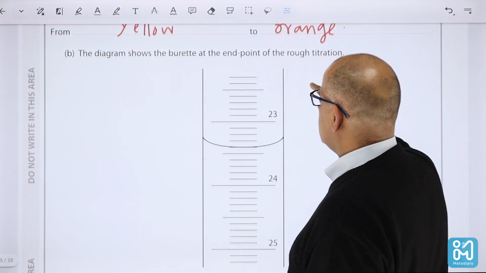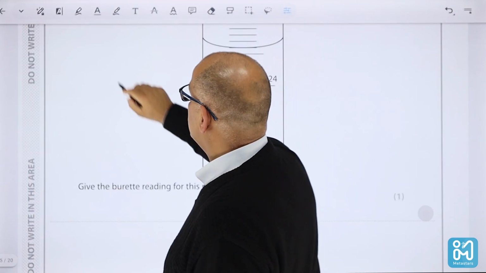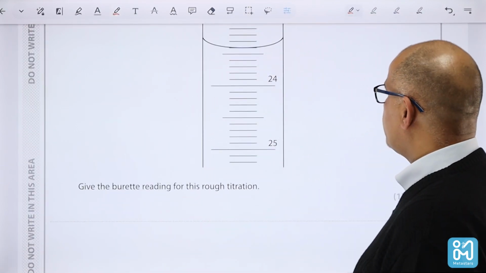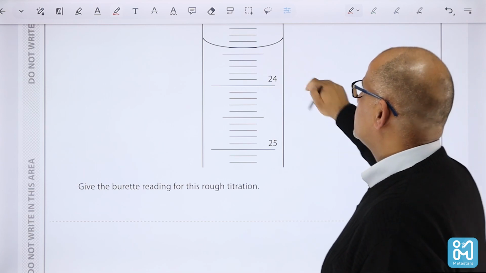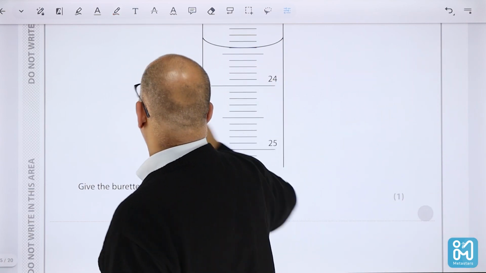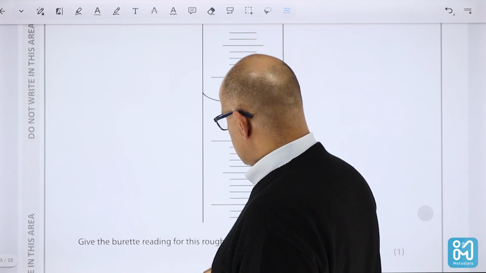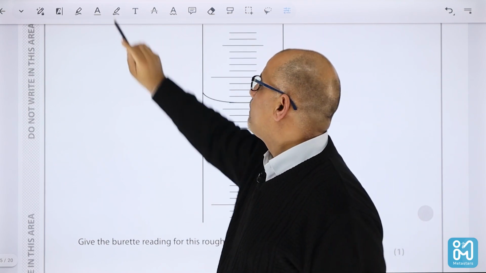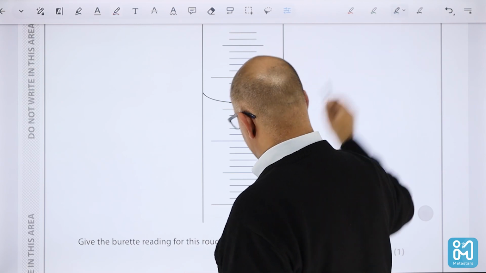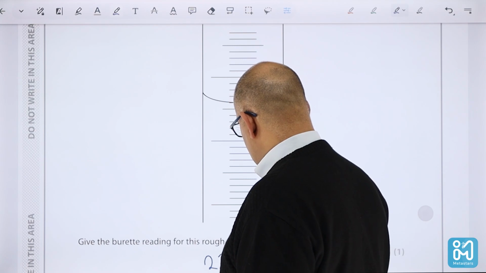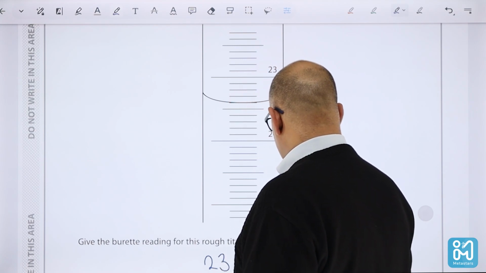Then he's asking you to give the burette reading for the rough titration. As you can see, the rough titration there is 23.4, so it is 23.40 cubic centimeters.